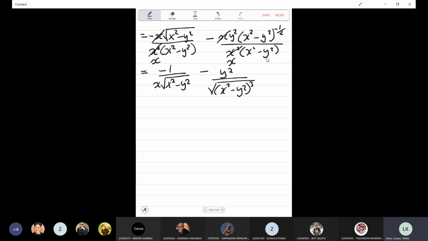Okay, then we can try and combine the two fractions together. Right, I see what I did here. Okay, this one here is to the power of 1.